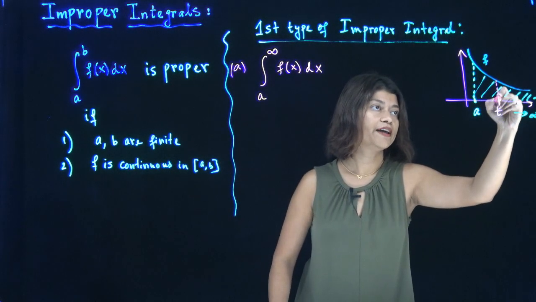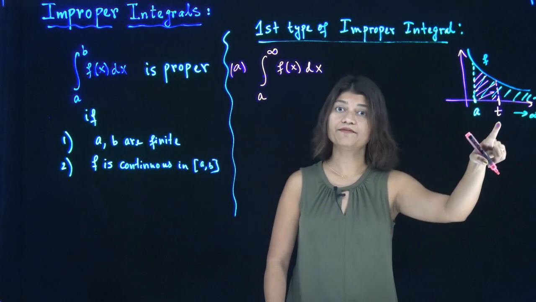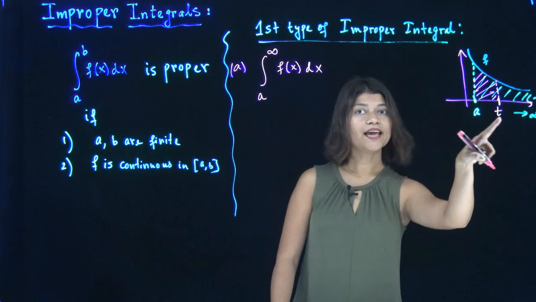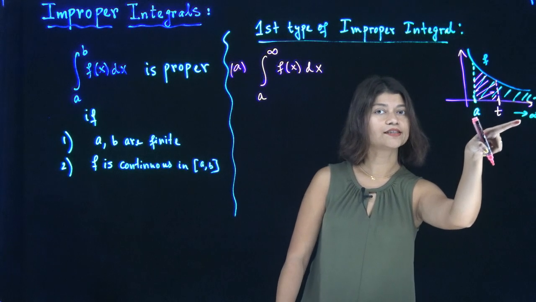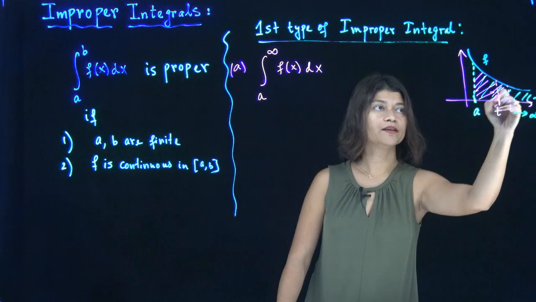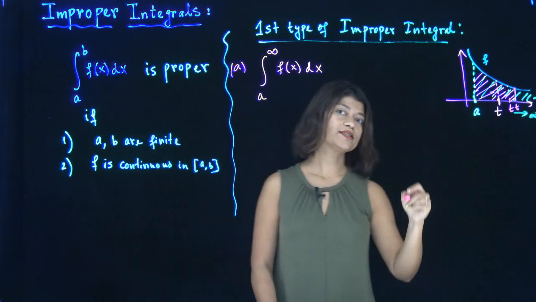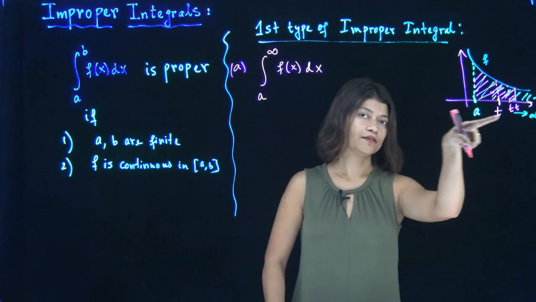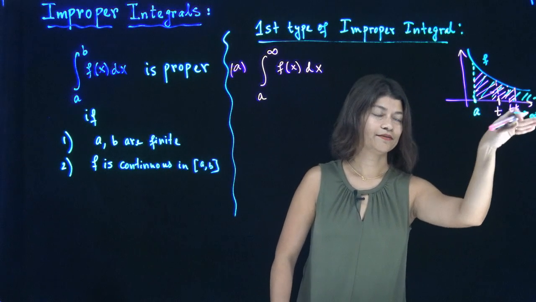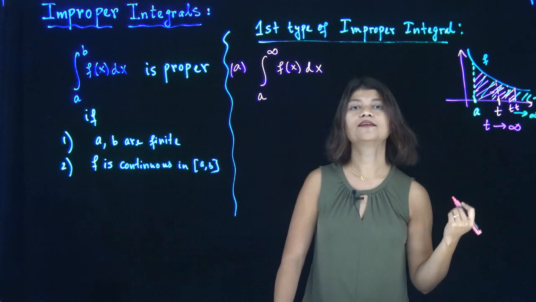Then let's find the area from a to t. That we can do if we choose a finite value t. And then we're going to start increasing this t. We're going to make t go a little further and find a little bit more area, then go a little further and find a little more area. That process means we are letting t go to infinity. That's a limiting process.